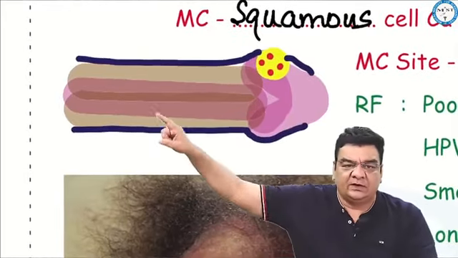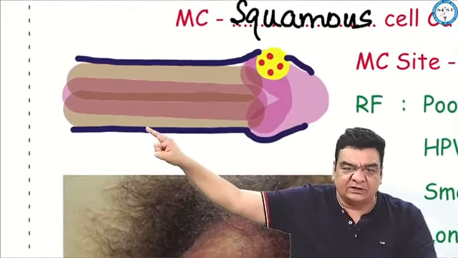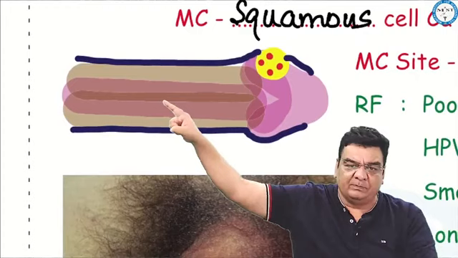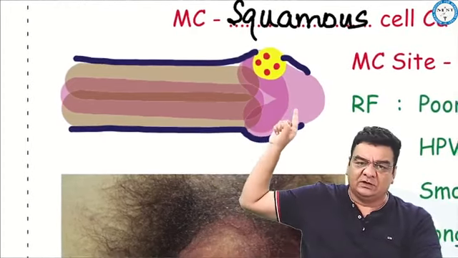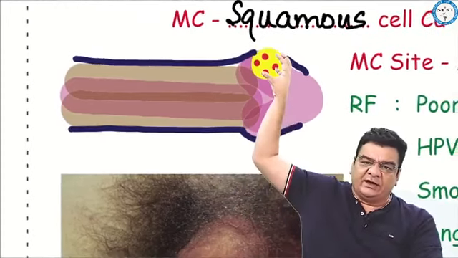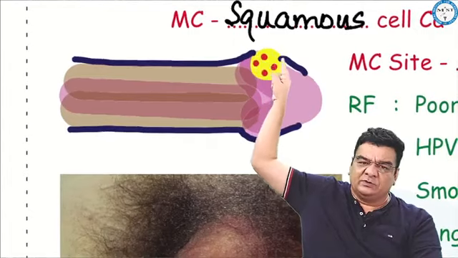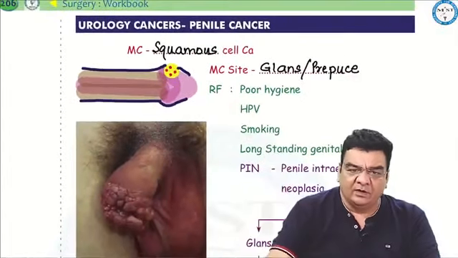We know that the brown color, what we are seeing, these are the corpora cavernosa. The pink is the corpus spongiosum. Majority of penile cancers occur in the glans or this prepuce area.